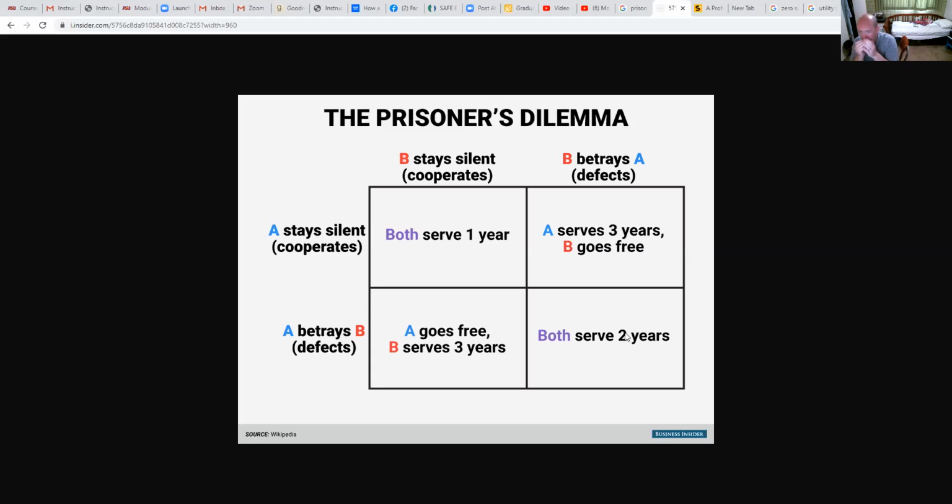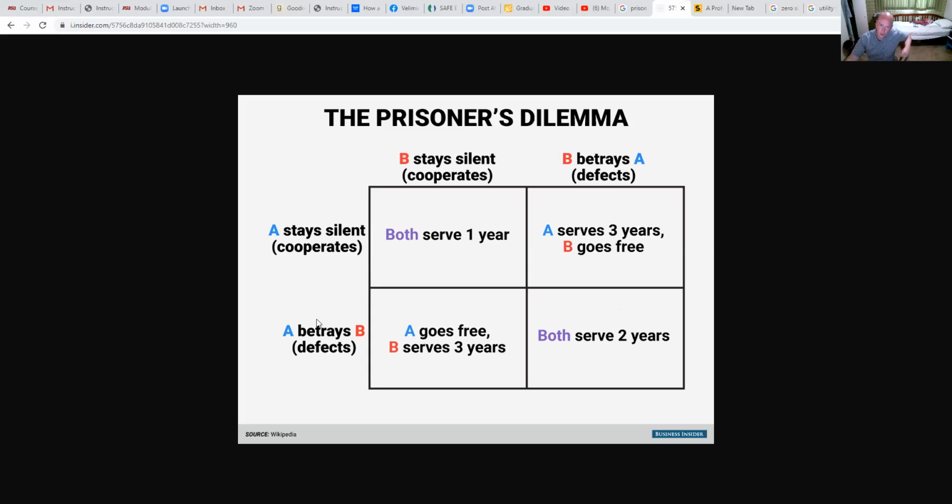And this is the problem in the first iteration of the game. If you choose cooperate, you'll either serve 1 year or 3 years. If you defect, you'll either go free or you'll serve 2 years.